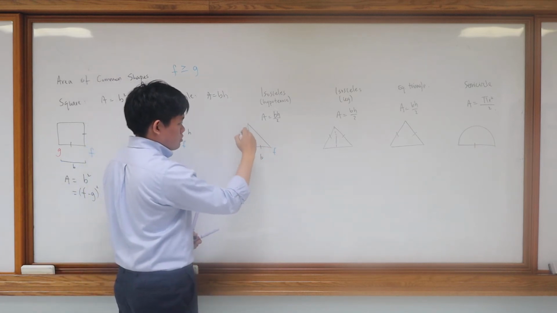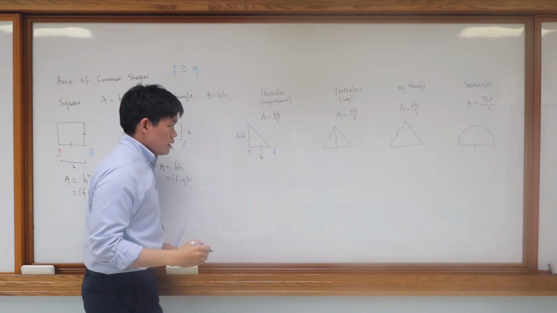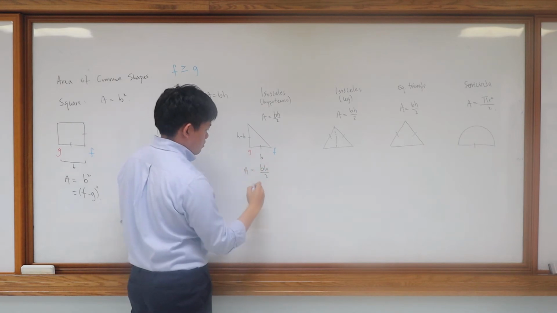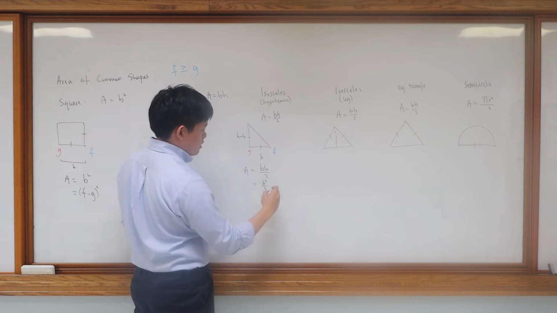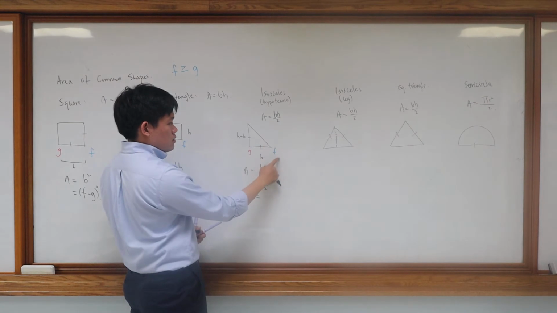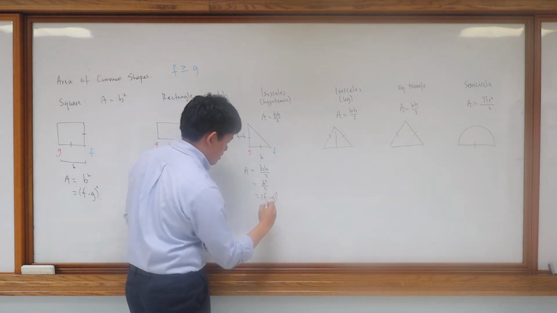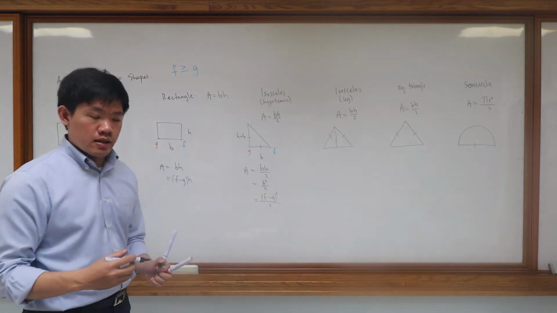In that case, this is also B, so my H is equal to B. So my area is equal to base times height divided by 2. Since my base and height are the same thing, it's B squared divided by 2. Base is top function minus bottom function, so it's F minus G squared divided by 2. So that's the area formula for that.